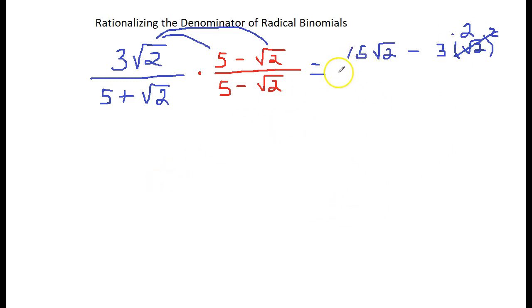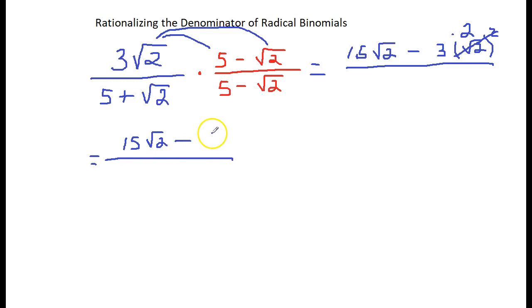Continuing with just the numerator, well, isn't 3 times 2, 6? So I have 15 radical 2 minus 6. That's my numerator.